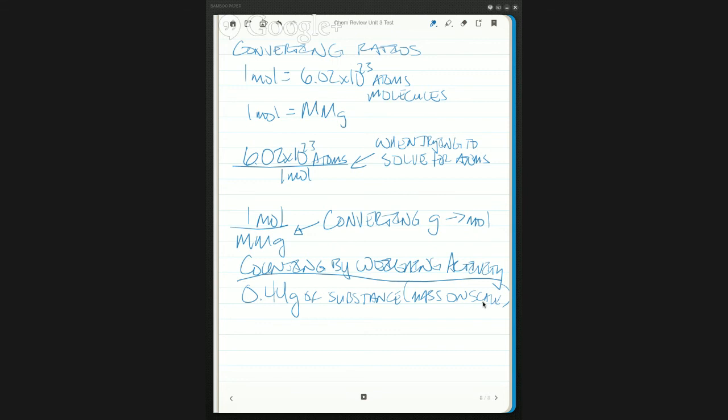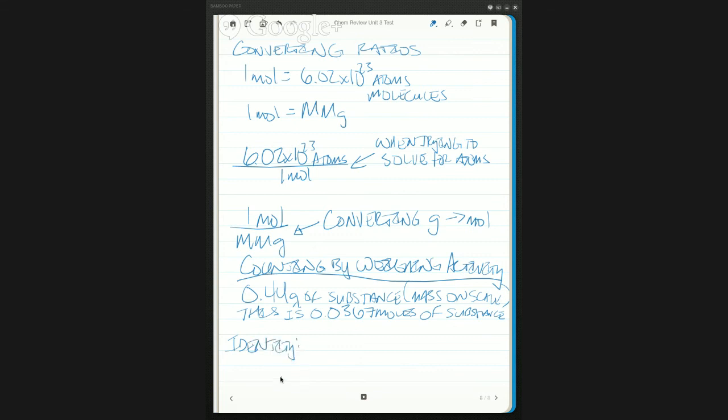And then it says this mass is 0.0367 moles of the same substance. Okay, and so what's the identity? What is it?